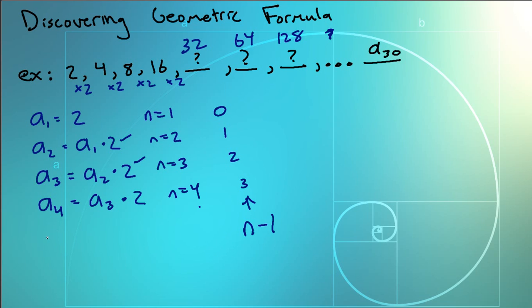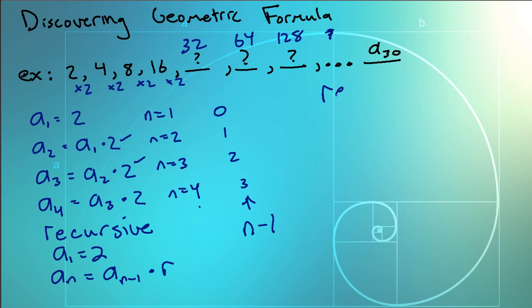So let's take a look at our recursive formula. Now I'll actually do the complete recursive formula. Recursive means I need to know the previous term, and I need to know the first term. So in a recursive formula, my first term is a1 equals 2, and then a sub n, the term I want, is going to equal a sub n minus 1, the previous term, times my ratio. In this case, my ratio is 2.